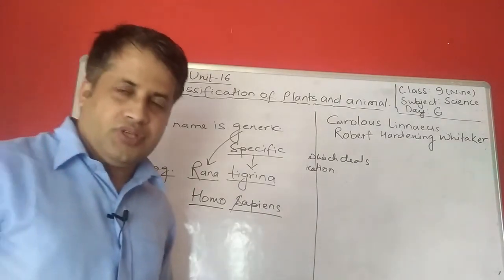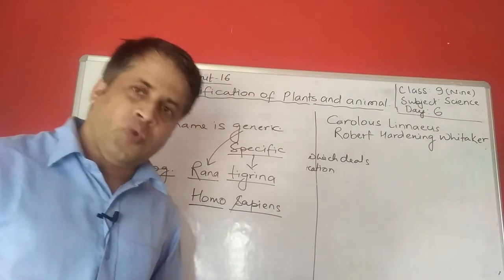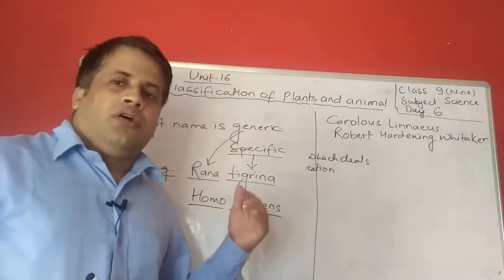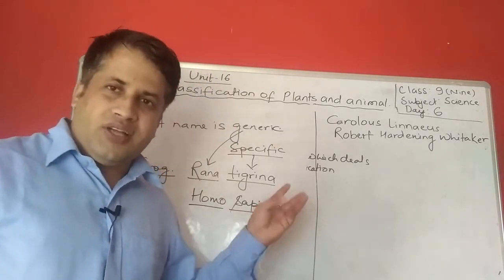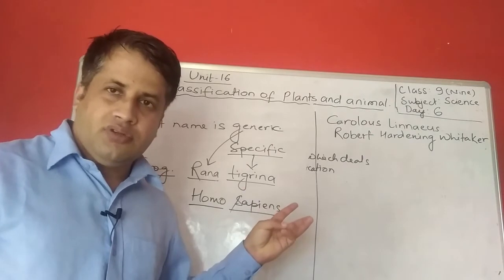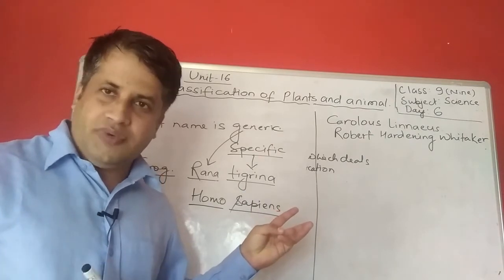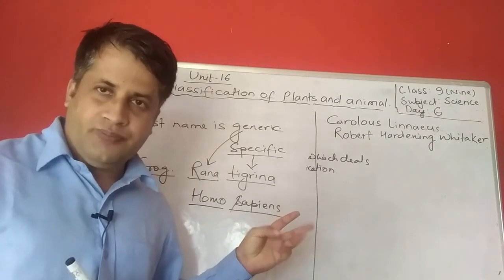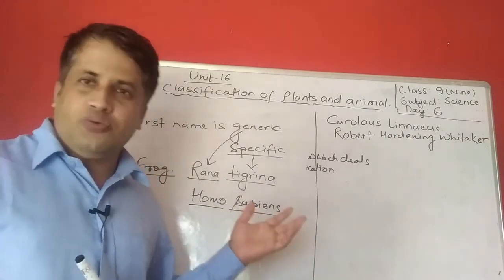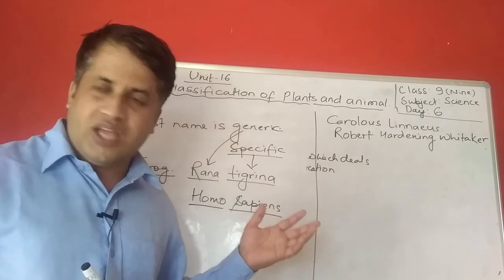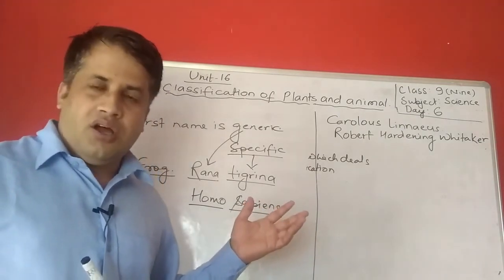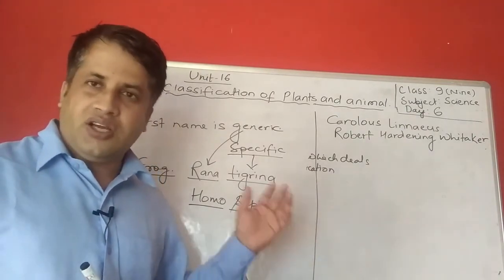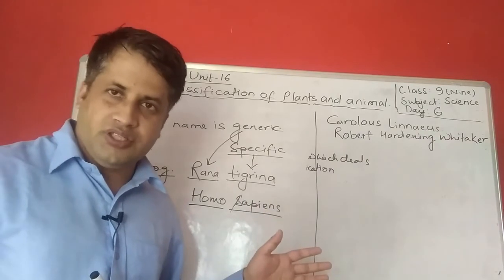So we have studied what classification is and what the need of classification is, that is to make a simple and easy way to understand living organisms. After that, we studied what taxonomy is, the branch of science that deals with the study of identification, classification and nomenclature of organisms.